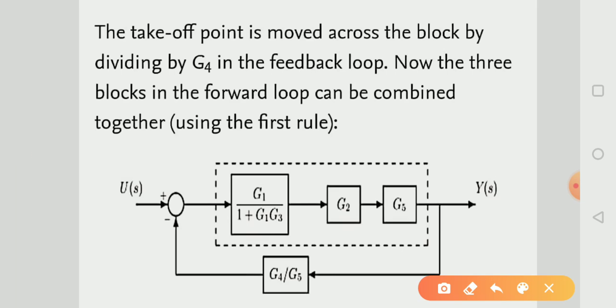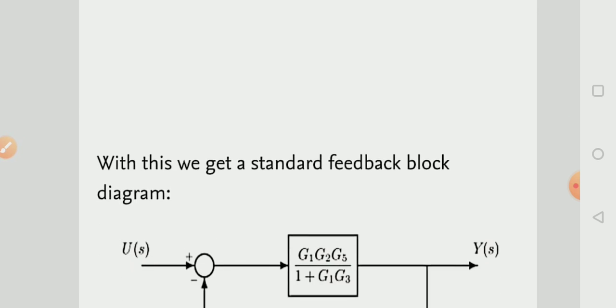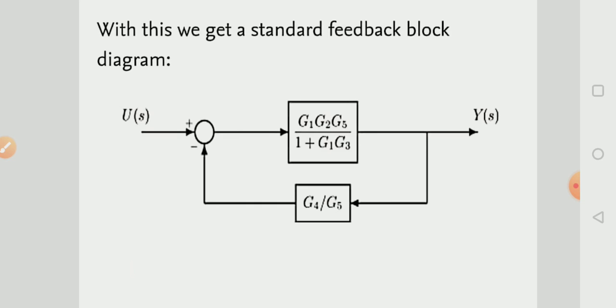this. So we can see here these three blocks are in series, so we multiply these gains. If we multiply these gains, our system is modified like this.